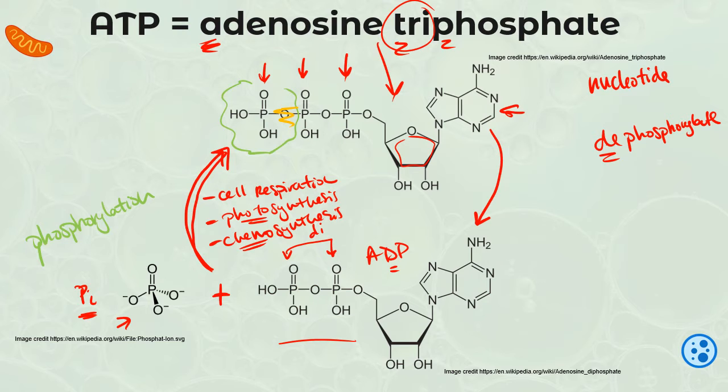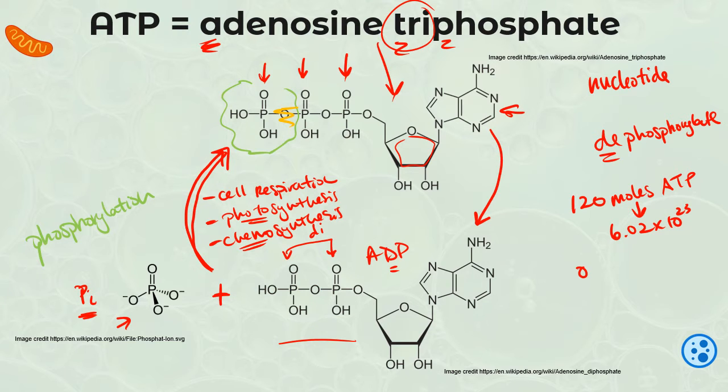What's crazy cool, we humans need to use about 120 moles of ATP molecules every single day. Remember that a mole is 6.02 times 10 to the 23rd molecules of ATP. So we're talking about a lot of molecules of ATP every single day.